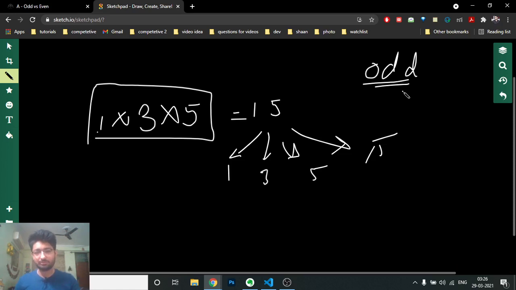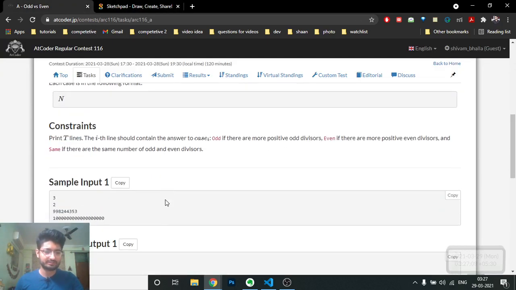So it boils down to this: if the number is odd, all the divisors will be odd, and obviously the odd divisors will be more. So the answer will be odd. You can check it with the test case as well.